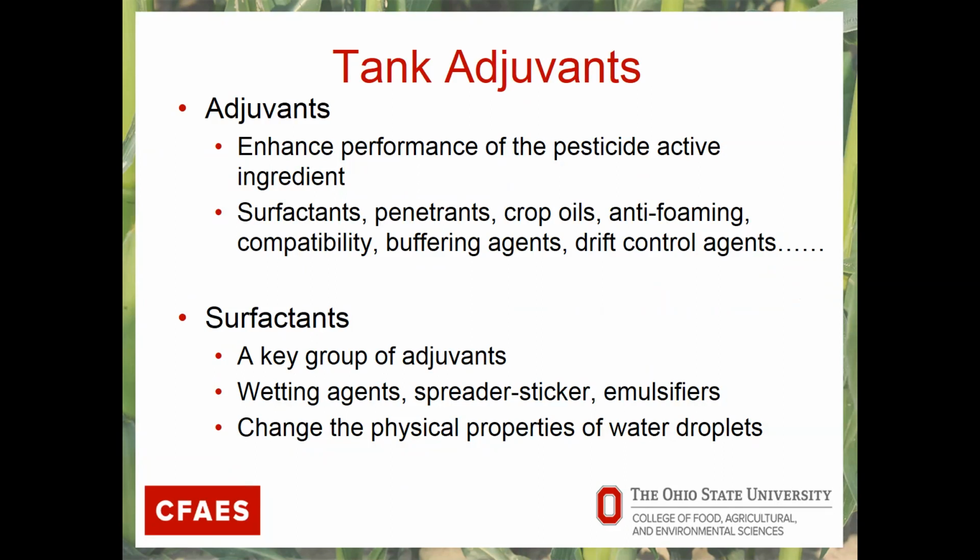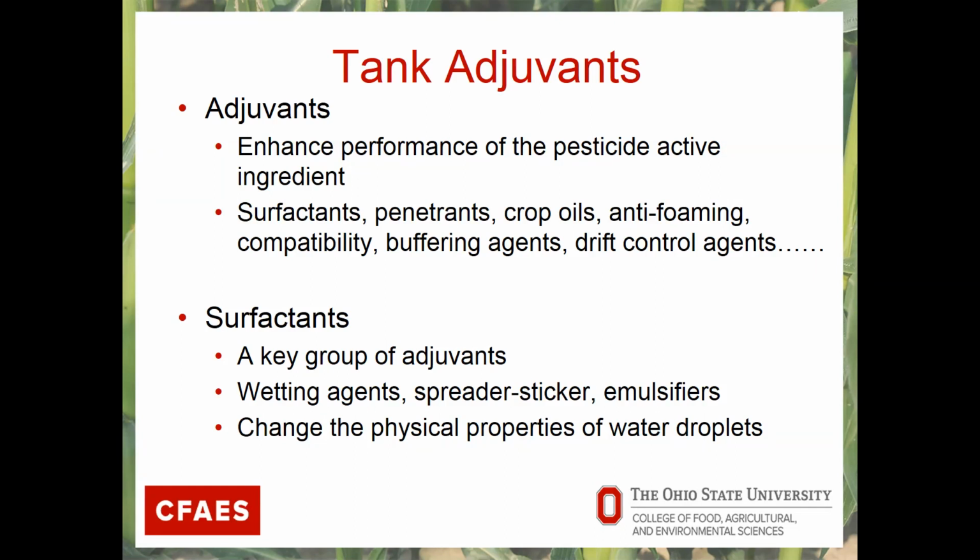Surfactants are surface active ingredients, also called wetting agents and spreaders, that change the physical properties of the water droplets. Adjuvants themselves have no pesticidal properties, therefore they are not required to be registered by the EPA. Before using any adjuvant, you should check the pesticide's label.